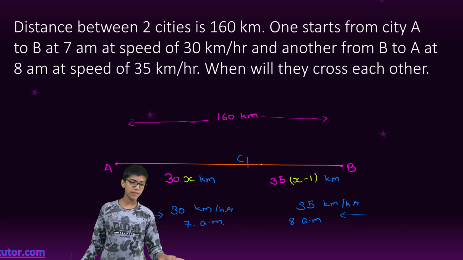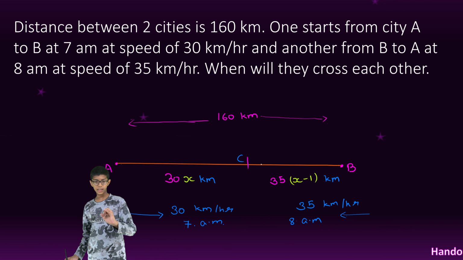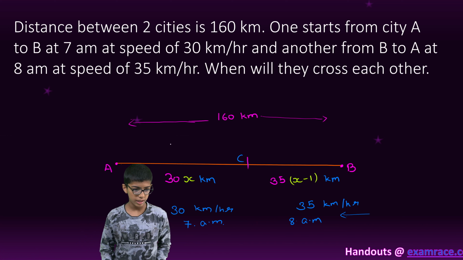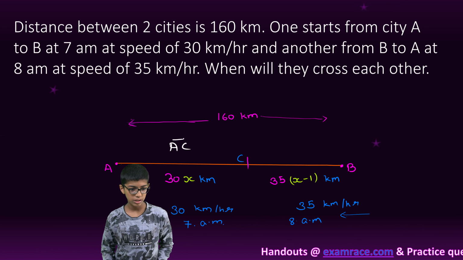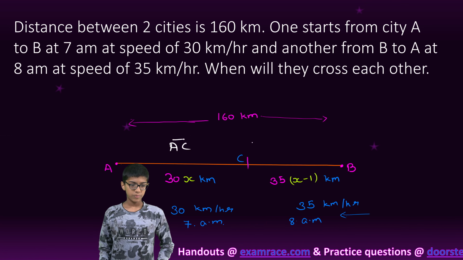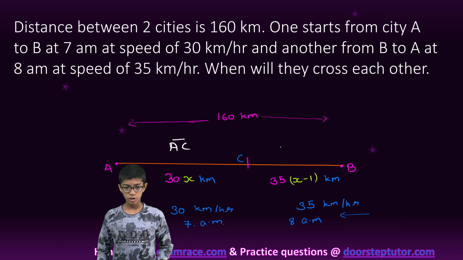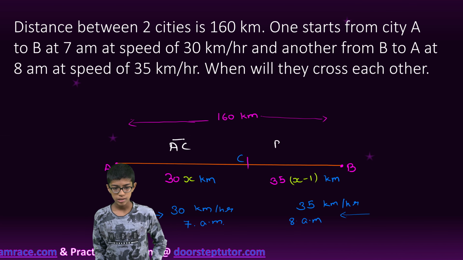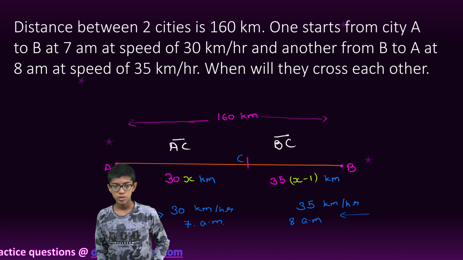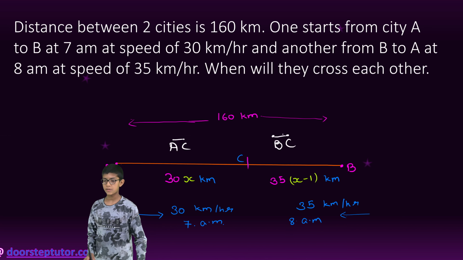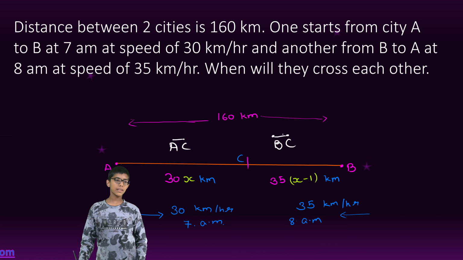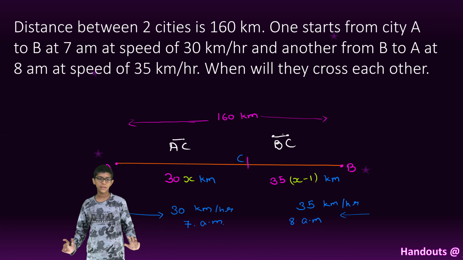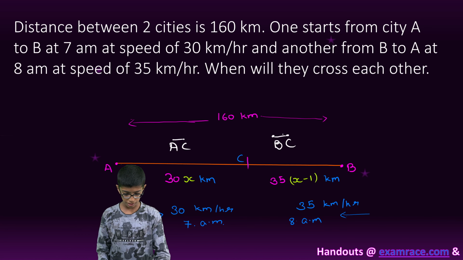So the distance covered by A, that is A to C, that is AC, is equal to 30x kilometers, and the distance covered by B, that is BC, is equal to 35 into x minus 1 kilometers. But it is given that the total distance between the two cities is 160 kilometers.